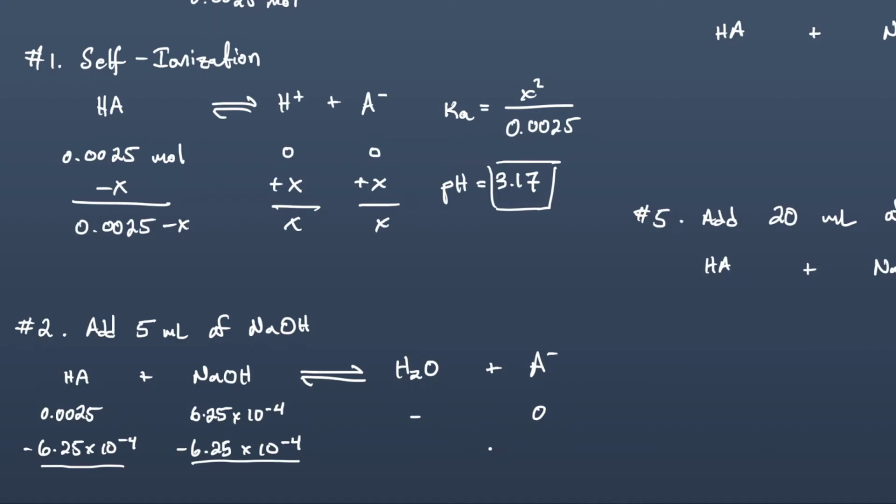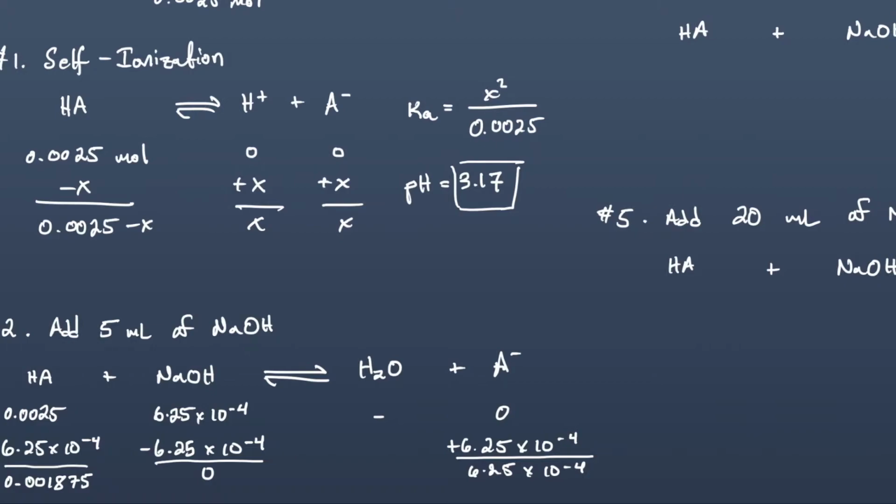And then I have to add 6.25 times 10 to the negative 4, like that. So I get 6.25 times 10 to the negative 4. This is 0, and this here is going to be 0.001875. Didn't give myself a whole ton of space here, but now we can do the Henderson-Hasselbalch equation on this.